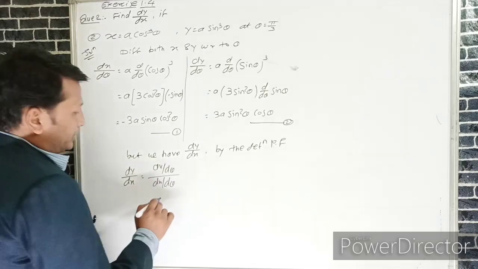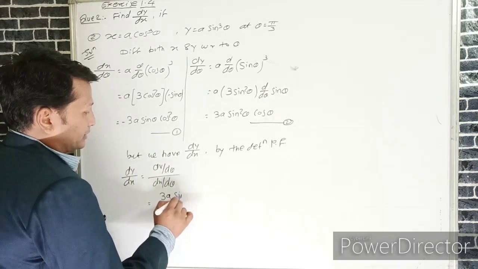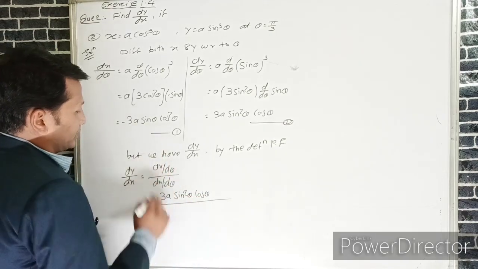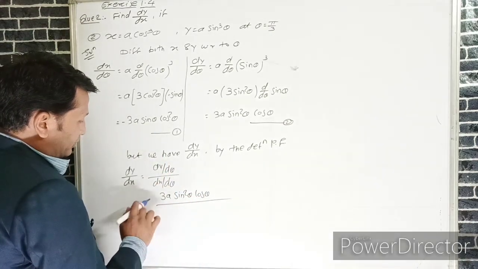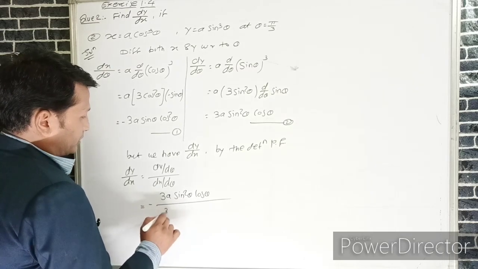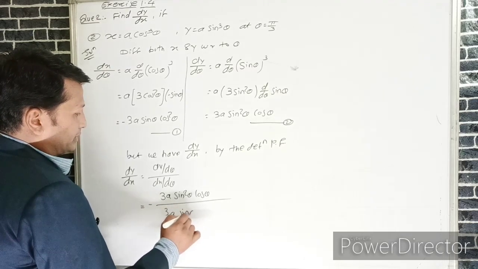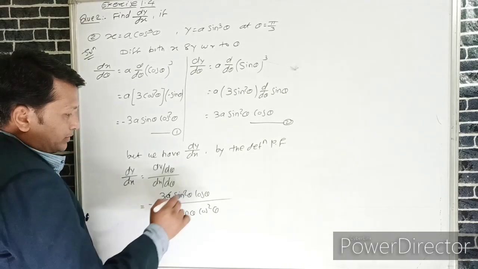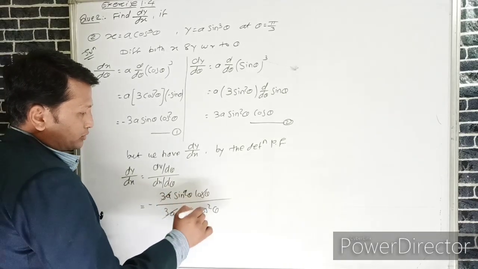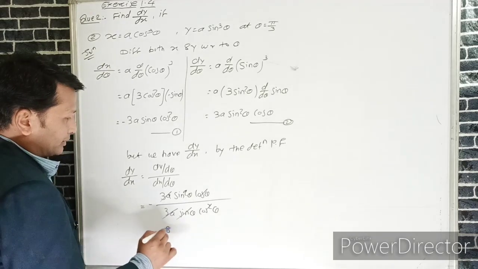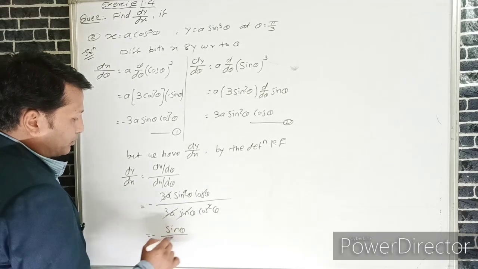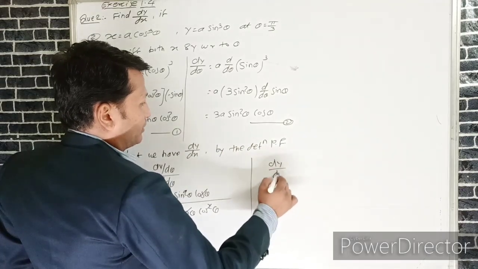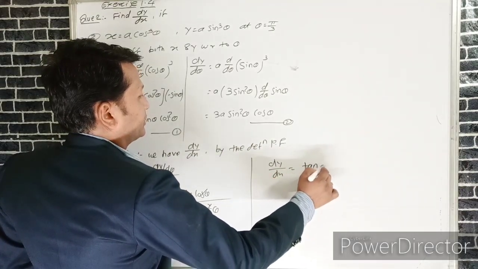Here the value of dy by d theta is 3a sin square theta into cos theta, upon minus of 3a sin theta into cos square theta. Here 3a cancels, sin square and sin cancel, cos theta and cos cancel, the remaining is sin theta upon cos theta. It means that dy upon dx is equal to tan theta.